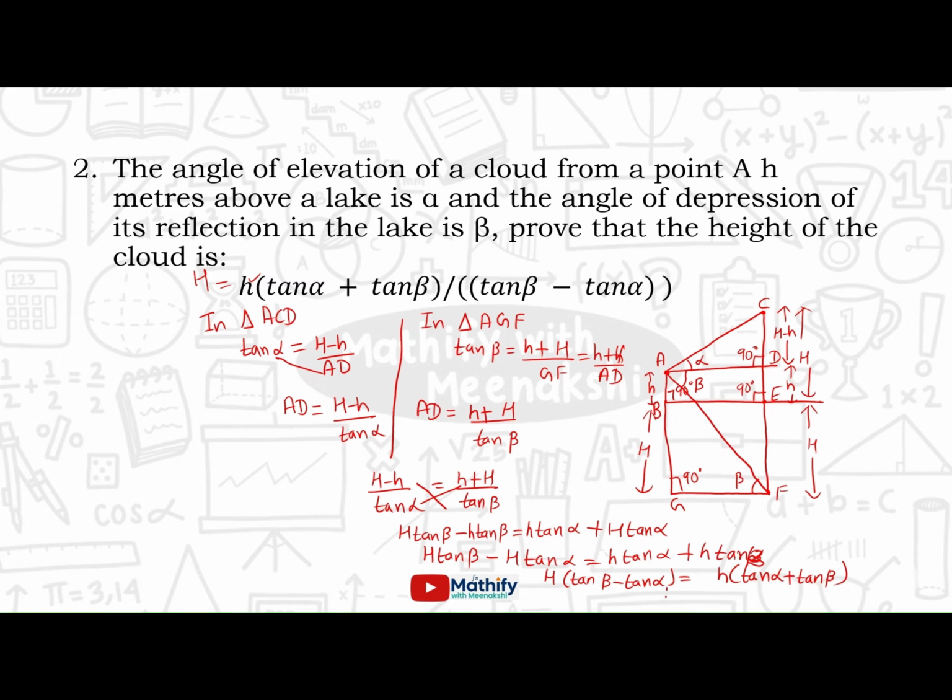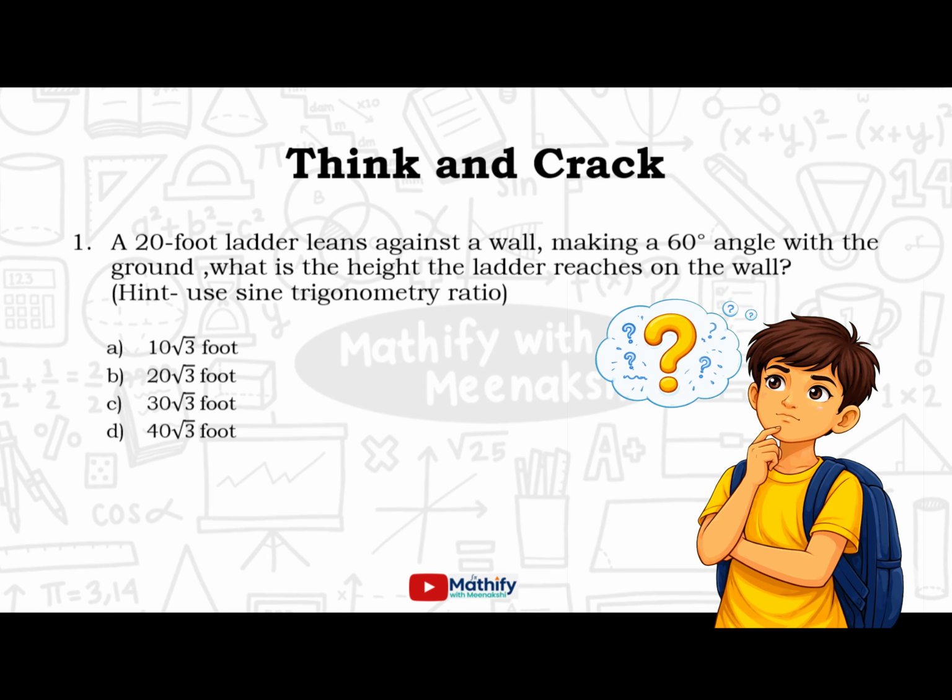Now just transpose this tan beta minus tan alpha to that side. What do you get? H equals h times (tan alpha plus tan beta) by (tan beta minus tan alpha). Hence proved.